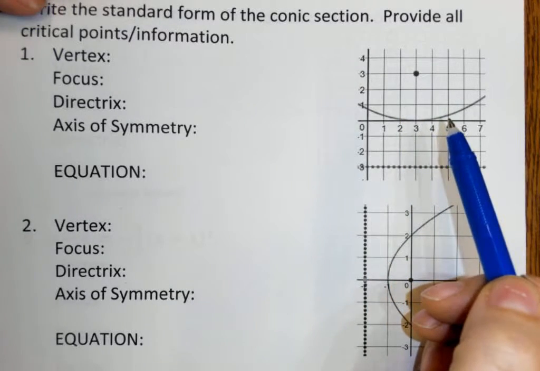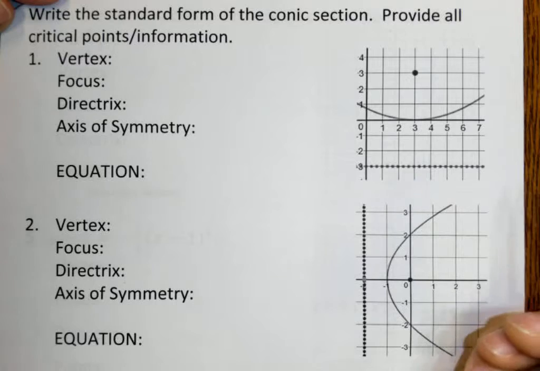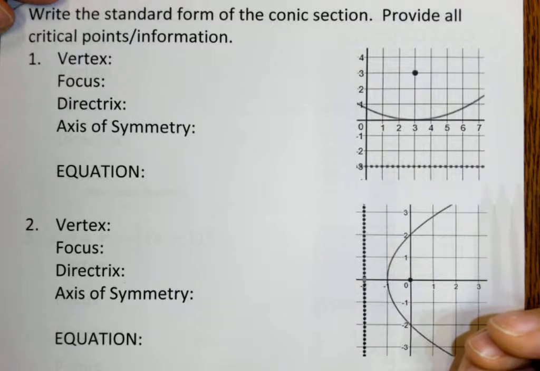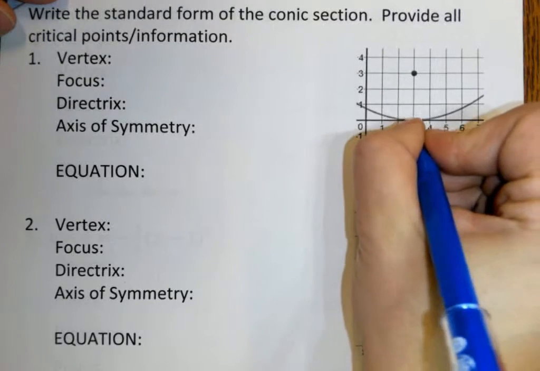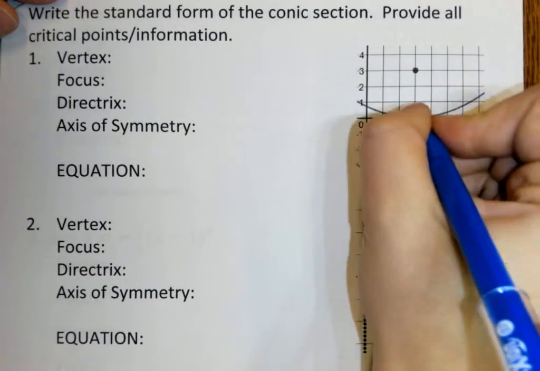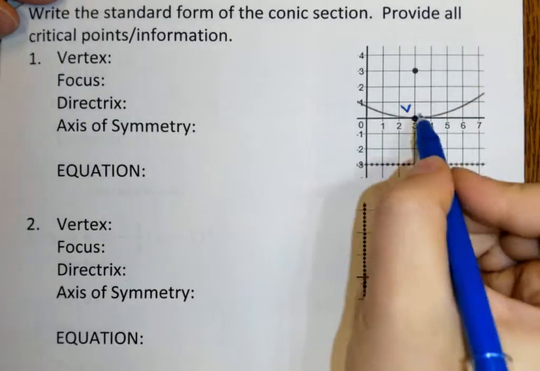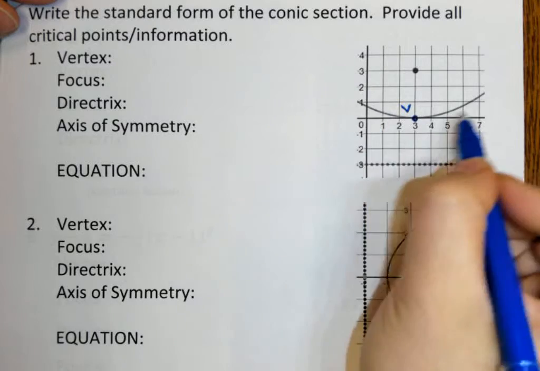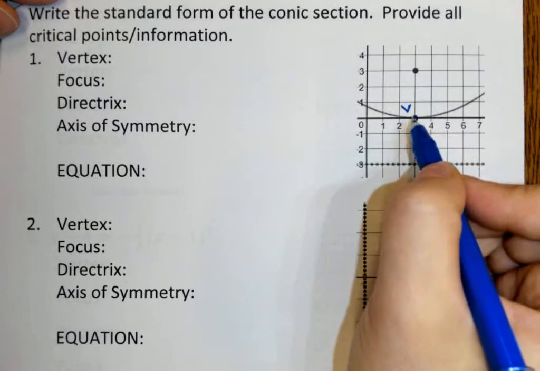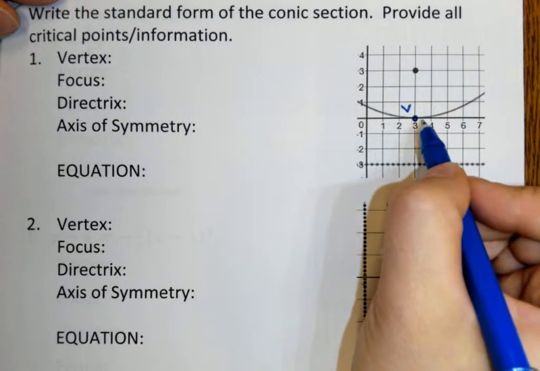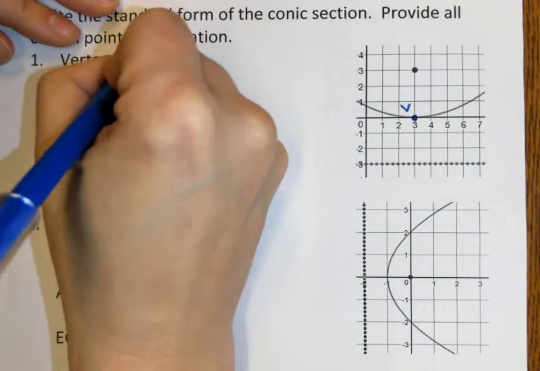Can you tell me, looking at this picture, where your vertex is going to be? That is your vertex. The vertex is always on the parabola, the hyperbola, the ellipse. It always touches it. So what is that coordinate? 3, 0.